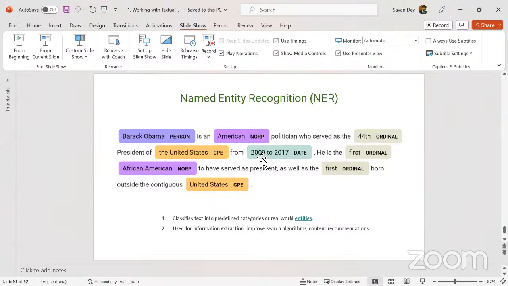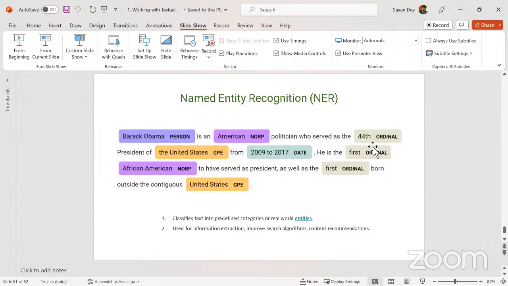United States is a GPE. 9 to 17 is a date. First is ordinal. 44th is ordinal, and so on and so forth. So we're able to look at words or phrases and classify them into individual buckets, individual categories. This is the word or phrase that corresponds to this, and so on.